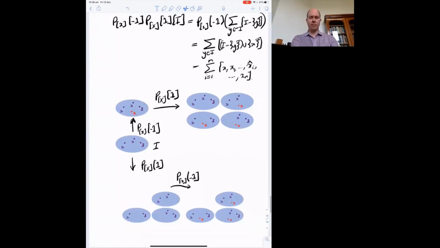Just a comment that Emily mentioned in her talk, that the generators are often called creation and annihilation operators in the physics literature. And maybe those terms weren't particularly well justified just in thinking of them as operators on a space of polynomials. But certainly in this way of thinking of the representation, they are literally creating and annihilating points.